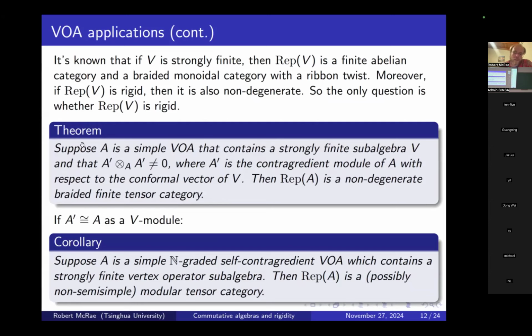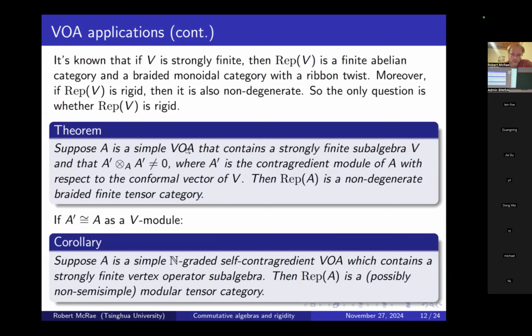But at least we now have this theorem which says that rigidity is preserved under taking extensions, at least under some minor technical condition here about this funny tensor product again.